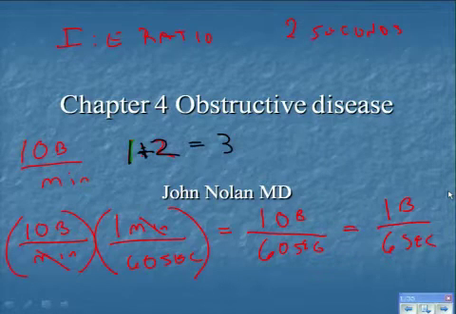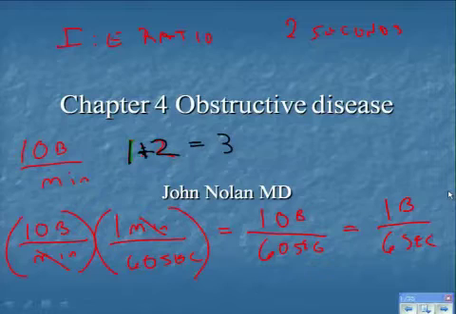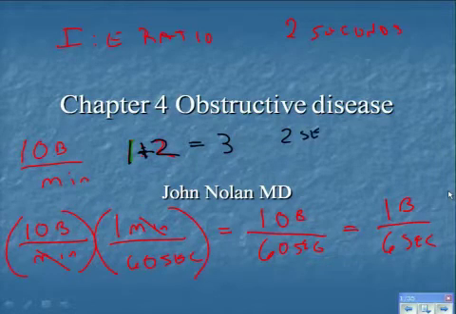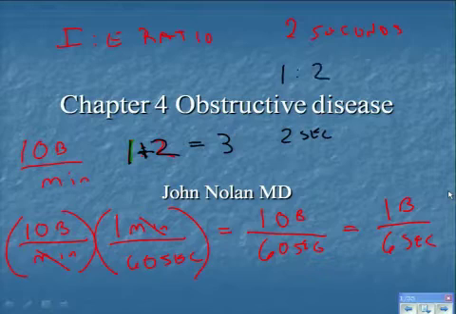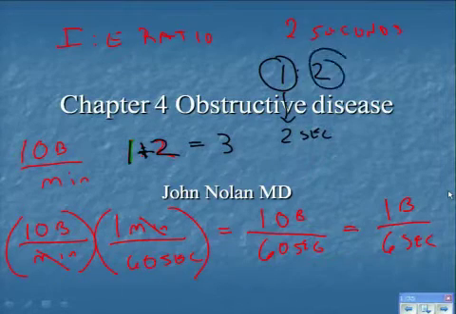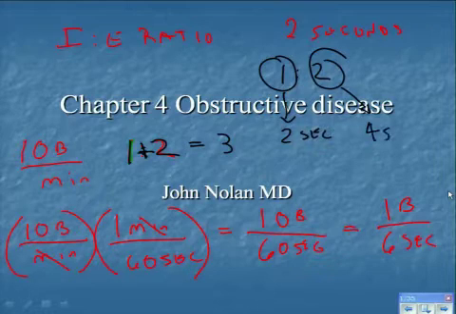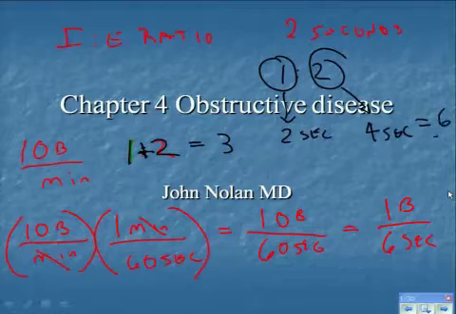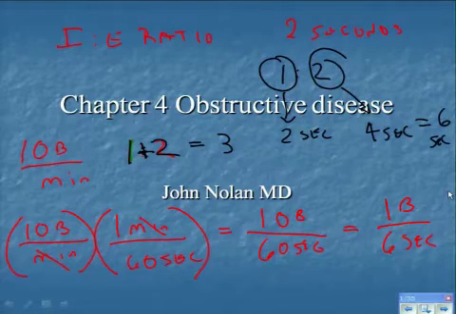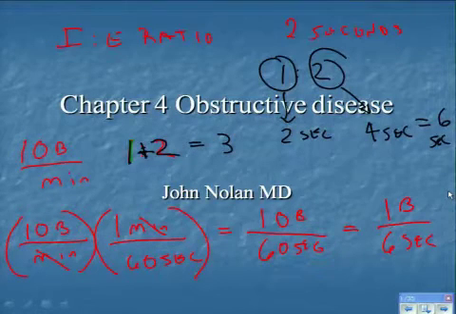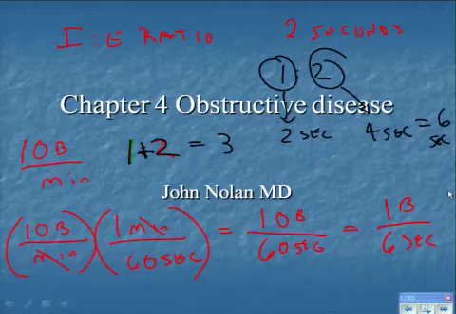That means for every unit, I'm spending 2 seconds. So because I'm at 1 to 2, I'm spending 2 seconds on inspiration and 4 seconds on exhalation, for a total of 6 seconds. That's why you're at a rate of 10 with a ratio of 1 to 2.